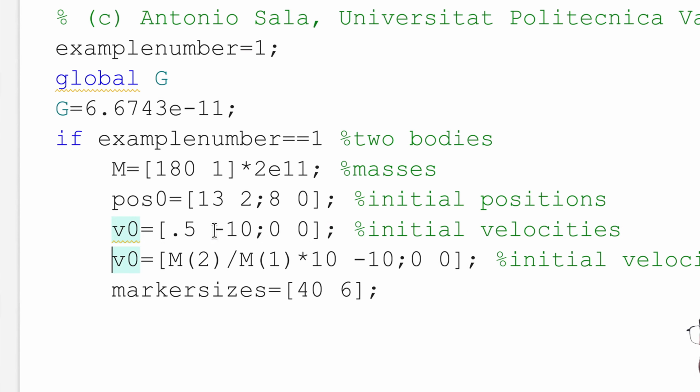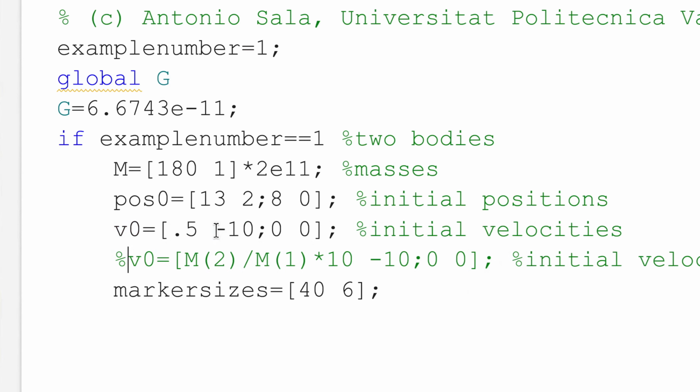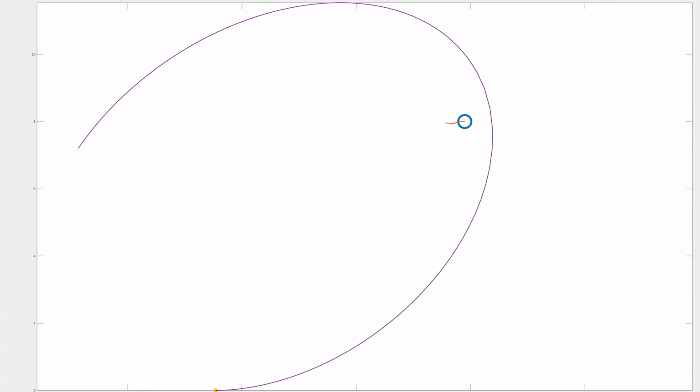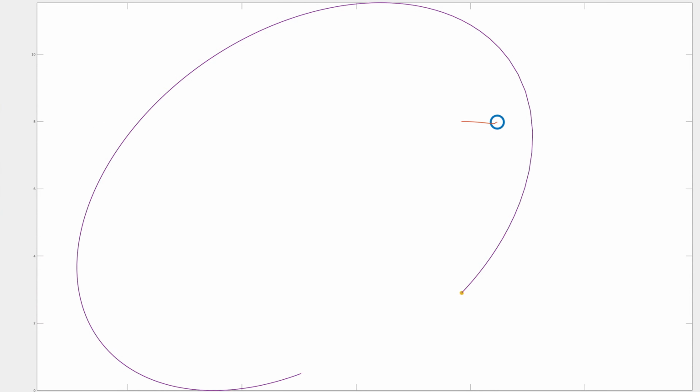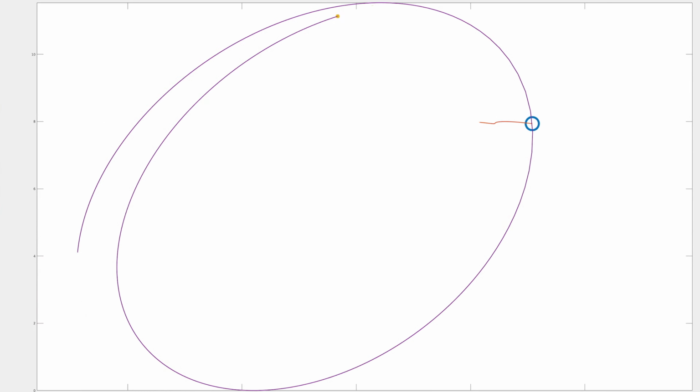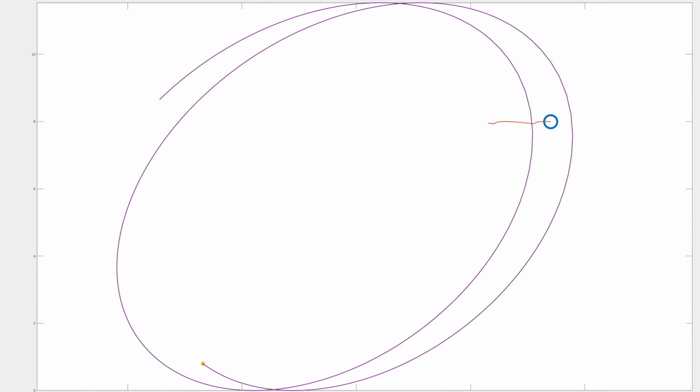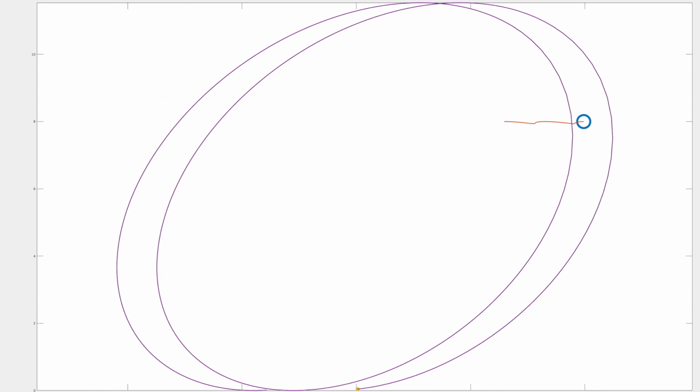If I now put some velocities so that net momentum is non-zero, then I will get the elliptic orbits plus an overall translation of the center of mass, let's say, of this system. So the ellipses get converted into, let's say, springs or screws. This is the simulation.